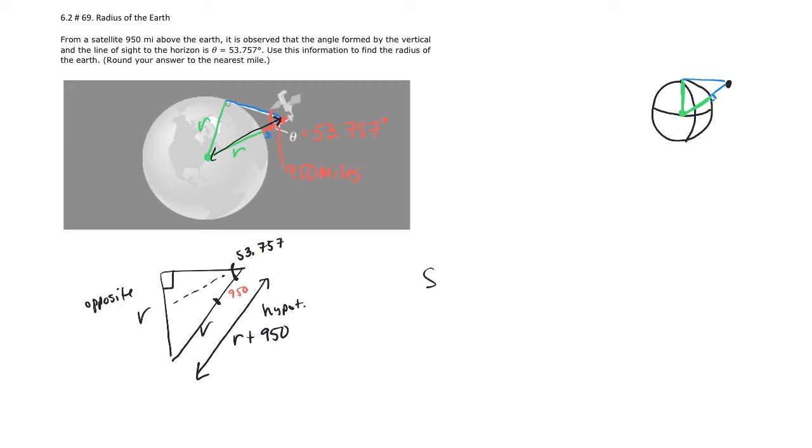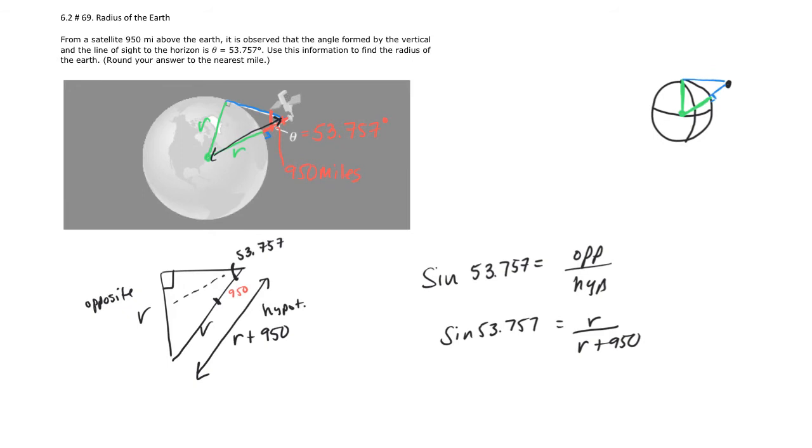So we'll take sine of 53.757 is equal to the opposite over the hypotenuse. So sine of 53.757 is equal to opposite, which is r, over hypotenuse, which is r plus 950.